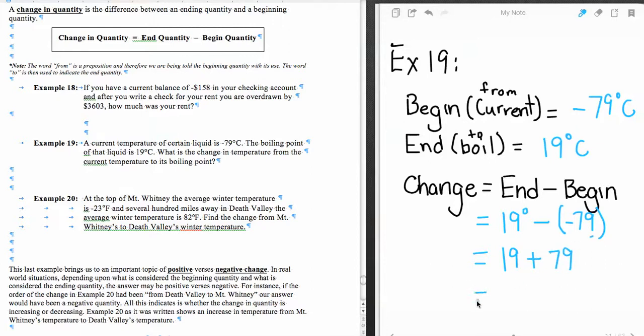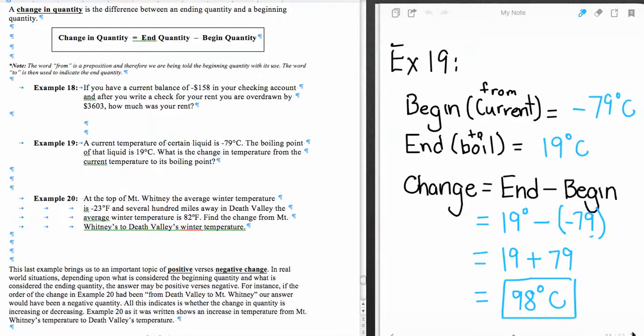So in this we're adding 19 and 79. So there's the 8, carry the 1, so that's 98 degrees Celsius. In other words, because this is positive, we're having to add heat to make it come to the boiling point. You don't often think of that in those terms, but that's really what this says. So 98 degrees Celsius is the amount of heat we have to add in order to make this liquid boil.